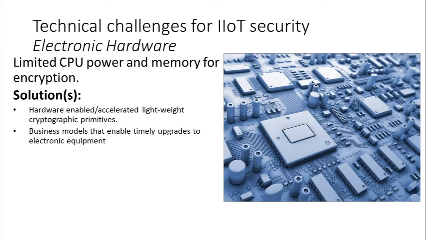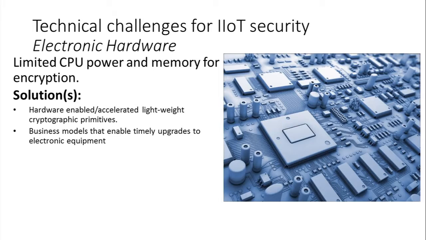So what are some of the things that we can do? I mean, it's not all bleak, but there are some things that we have to do as producers of products and as you purchasers of products to come in and think about. So it starts with hardware, and you can get different types of processors that already have cybersecurity capabilities built into them, and put them into your devices.